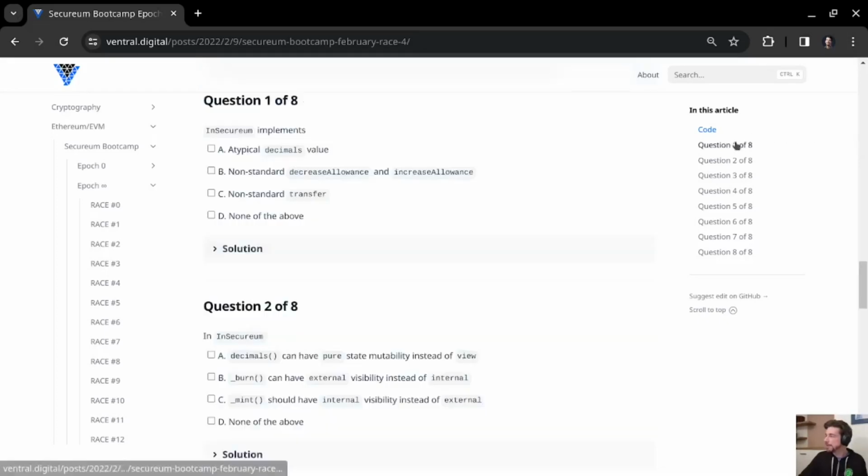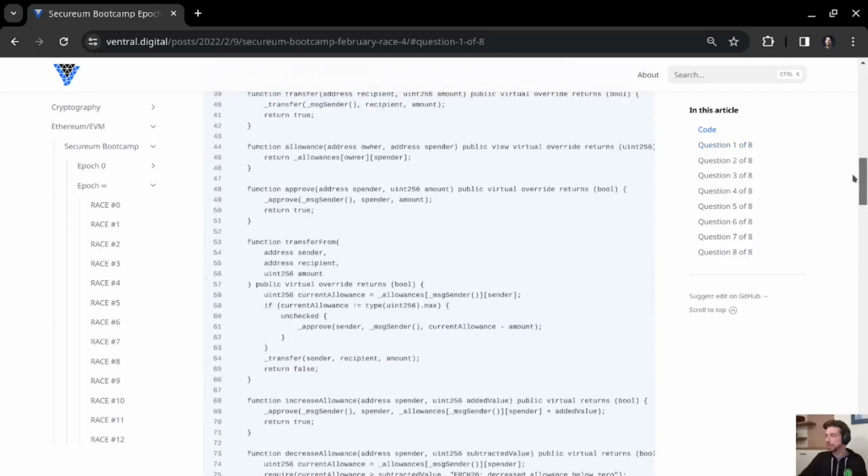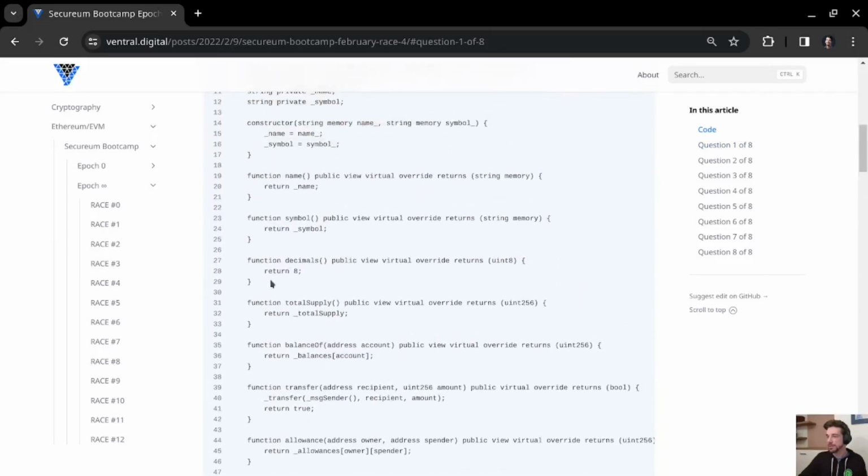So let's jump right into question 1, which says that in Secureum, the contract implements an atypical decimals value. If we look at the decimals function here, it returns 8. And as you might know, the typical decimals value returned by an ERC20 token is 18, not 8.